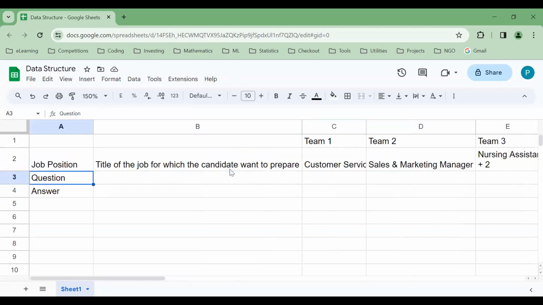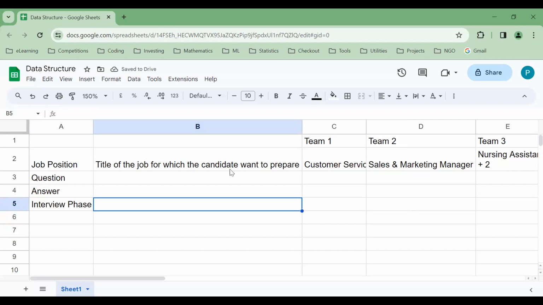Now, in terms of the question and answer, this is clear for everybody. Now comes the additional columns that would be useful for the bot in order to chart the flow of the interview. So unlike exams where we are given a list of, let's say, 50 or 100 questions which we need to provide answers to, which can be in any random order, interviews usually follow a logical structure. So that is what we want here: interview phase or stage, or however you want to name it.